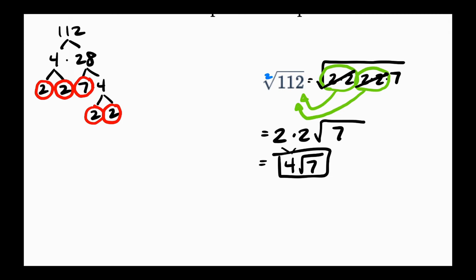Exactly, it took 2 of them to make a square root, right? They had to pair together to make a square root of 4. That's 2. And then these 2 had to pair together to make a square root of 2 as well.